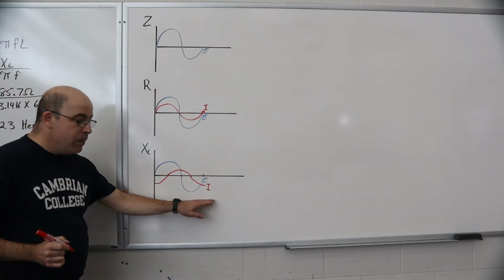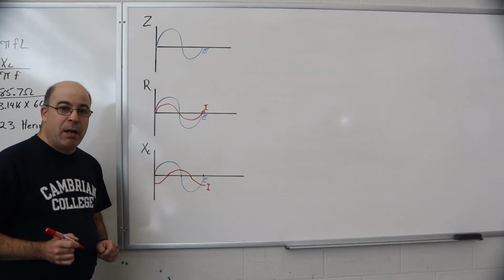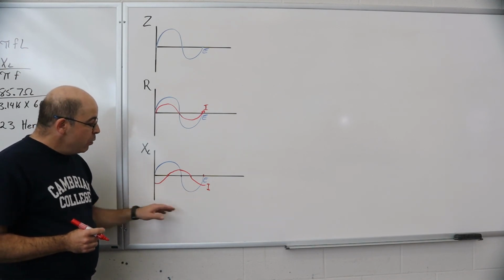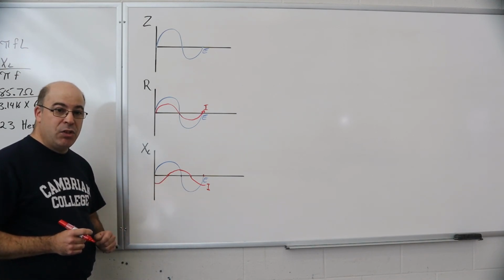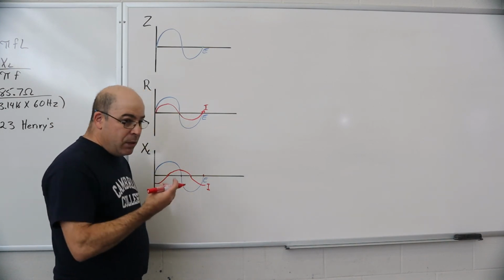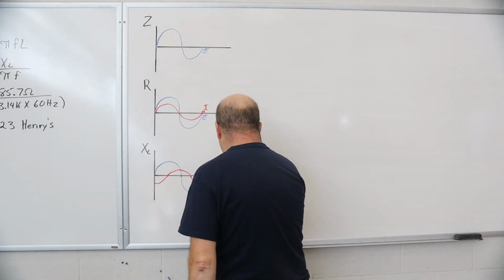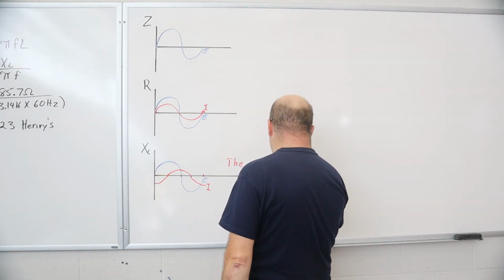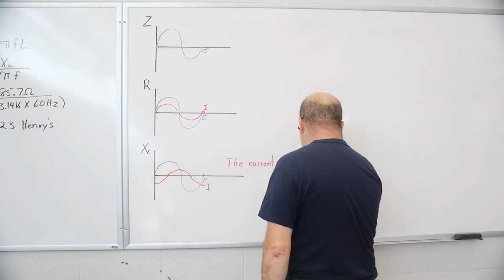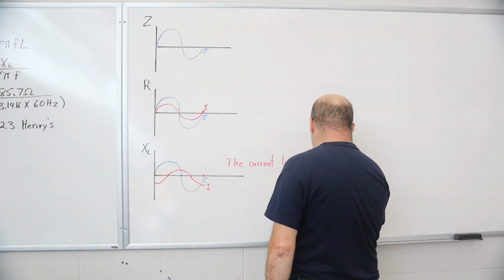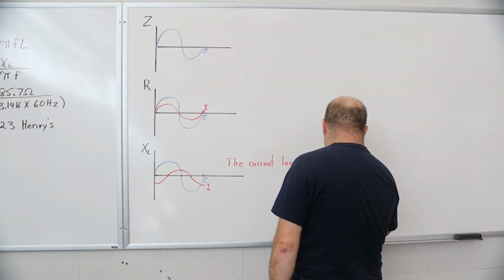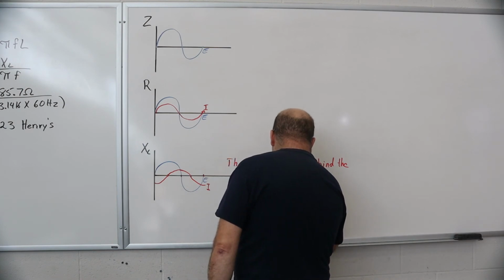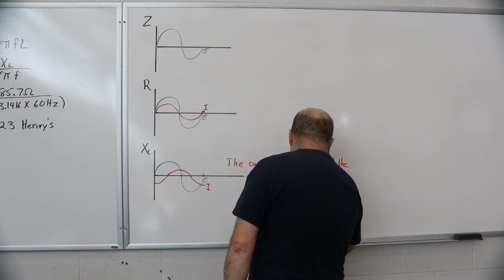And what we're going to do as well is explain that relationship. On tests, I give points to students who will draw this out and then explain the relationship. What they are going to be expected to do is explain that the current lags behind the voltage by 90 degrees.